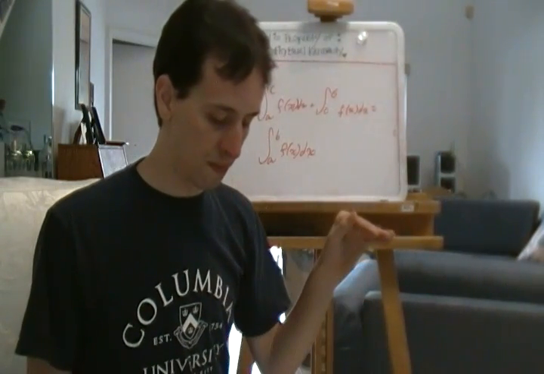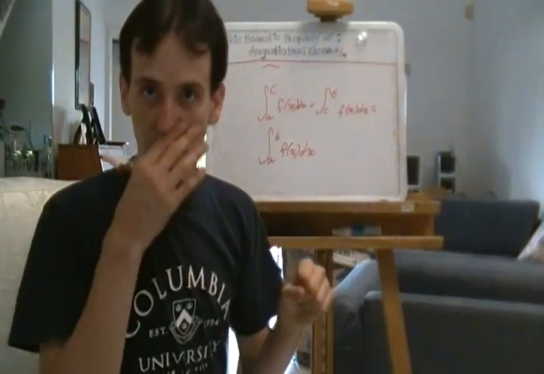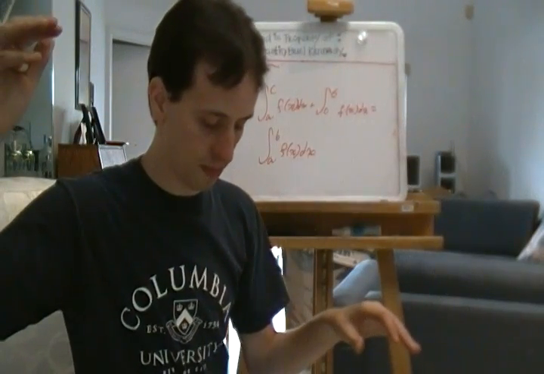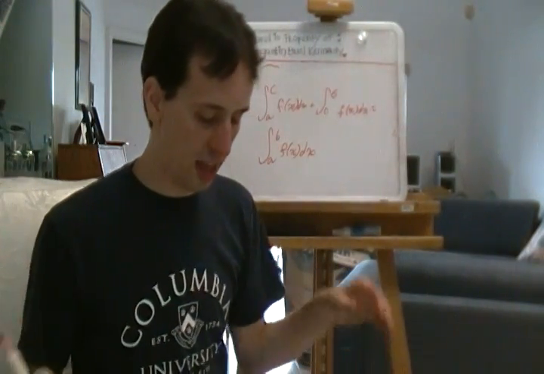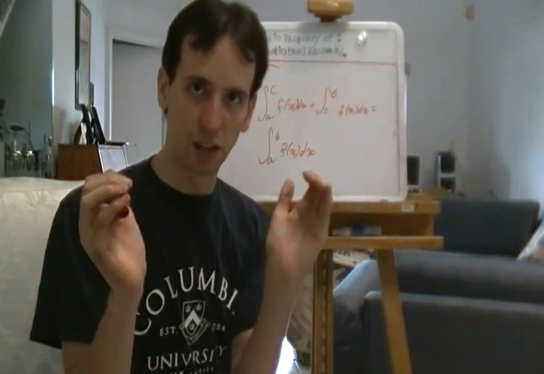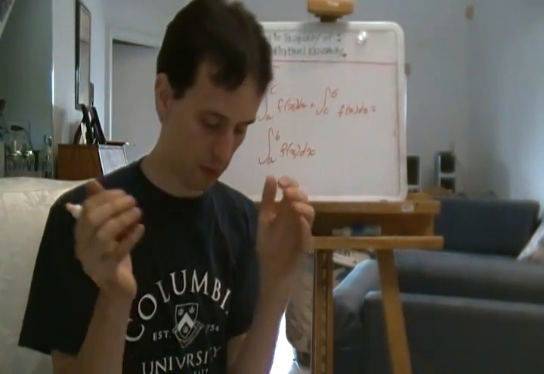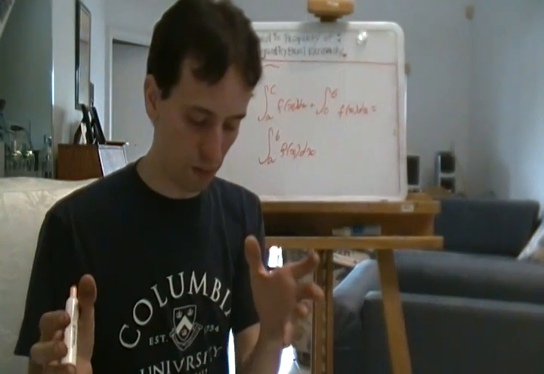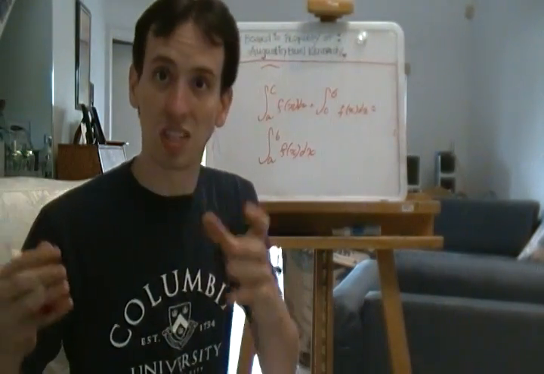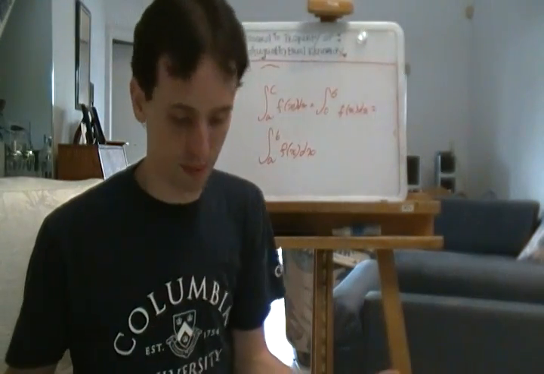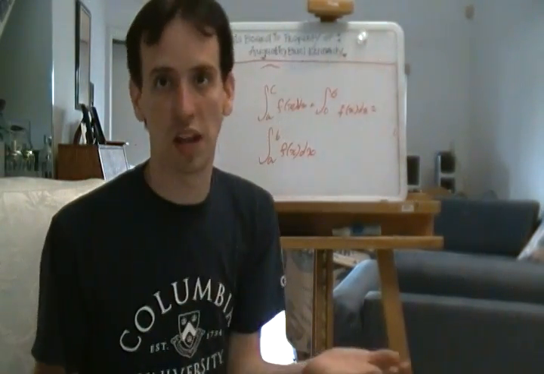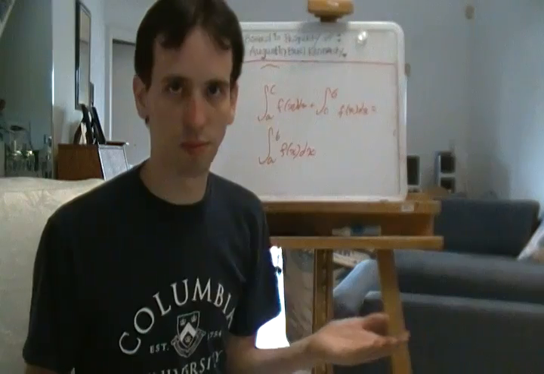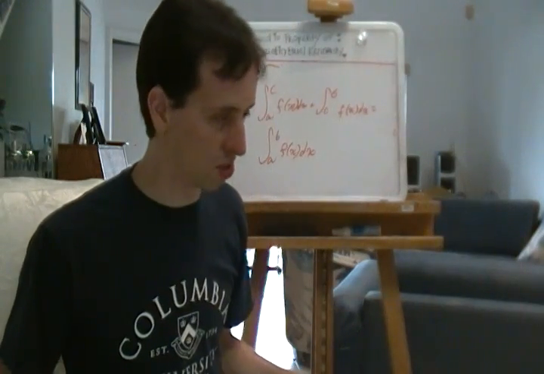And if f of x is between the minimum m and maximum M, then m times b minus a is going to be less than or equal to the integral of that function, which is still going to be less than or equal to M times b minus a. So those are comparison properties.